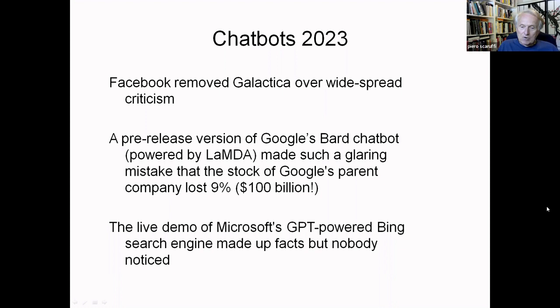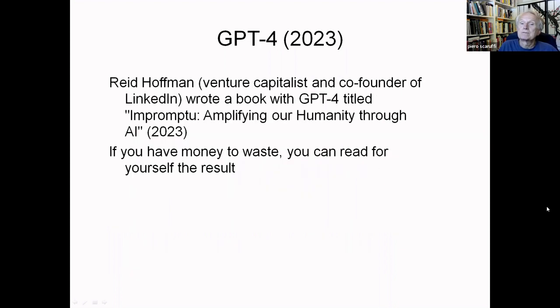And a live demo of Microsoft's GPT-powered Bing was even more serious actually, because that live demo seemed to be successful. Very few people realized that Bing made up facts. Nobody in the audience realized that. That's a real danger, right?